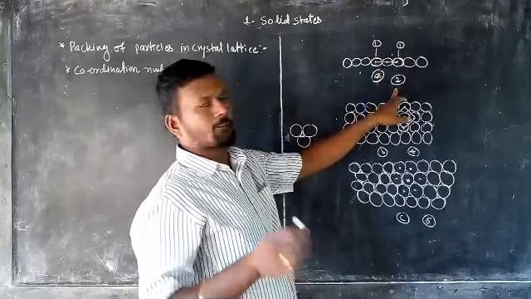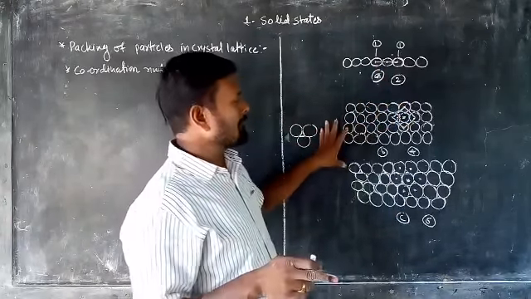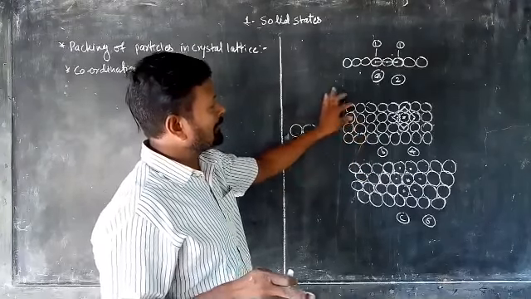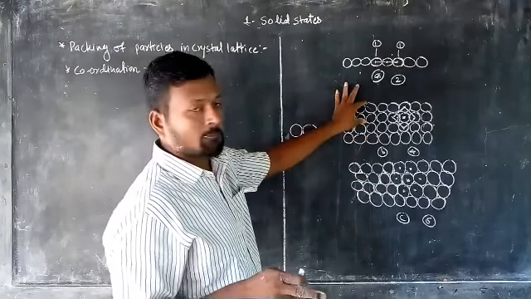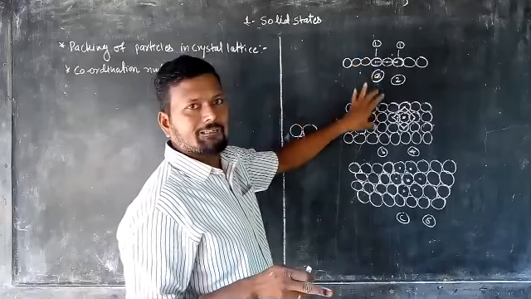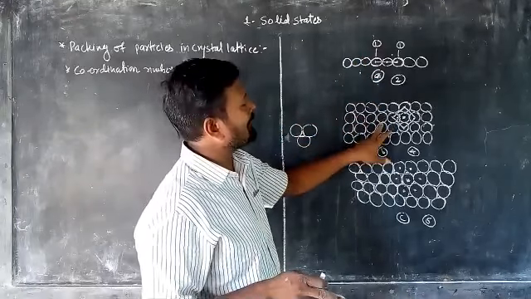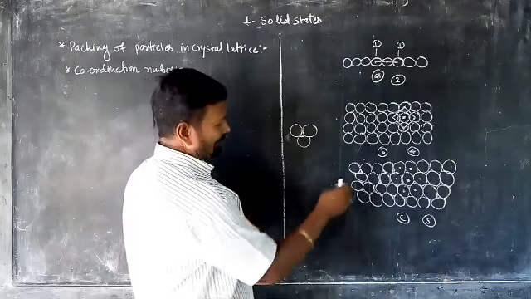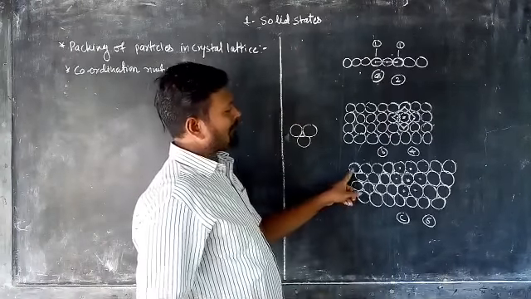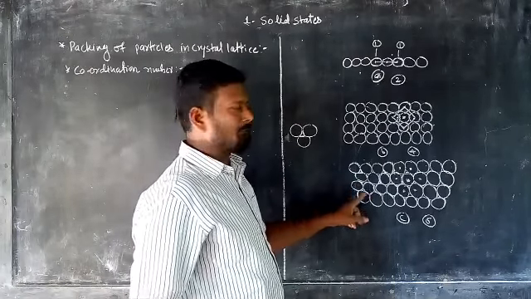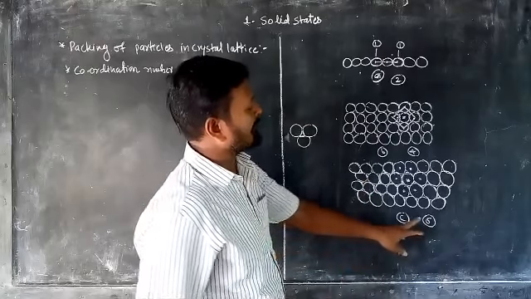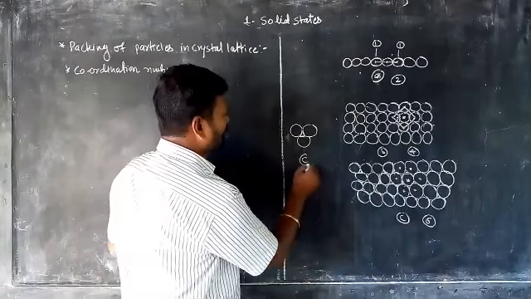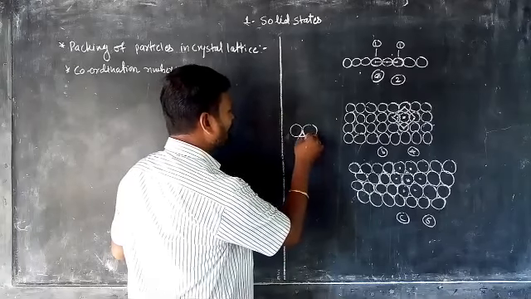In a linear arrangement the coordination number is 2. In two dimensions there are 2 types. One is when there is a crest to crest and trough to trough arrangement of the 2 linear lattice points. Then the coordination number is 4. In the third one, there is crest into trough, then crest into trough. With this type of arrangement the coordination number is 6. So this is the C example, and here is the empty space.